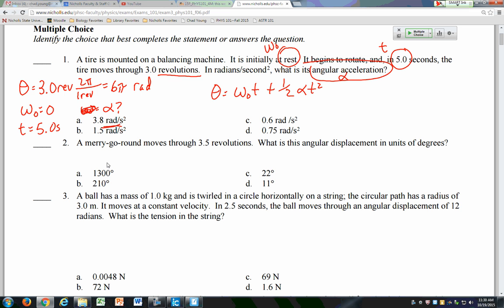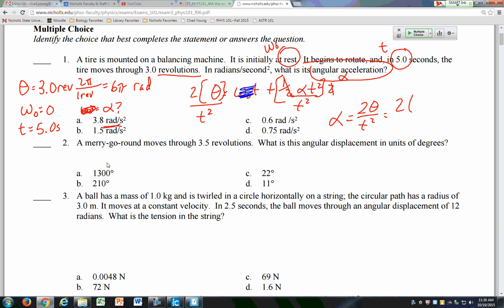Since omega naught is 0, this whole term goes away. Then I solve for alpha. Multiply both sides by 2, which gets rid of that half. Divide both sides by t squared. So alpha is 2 theta over t squared.